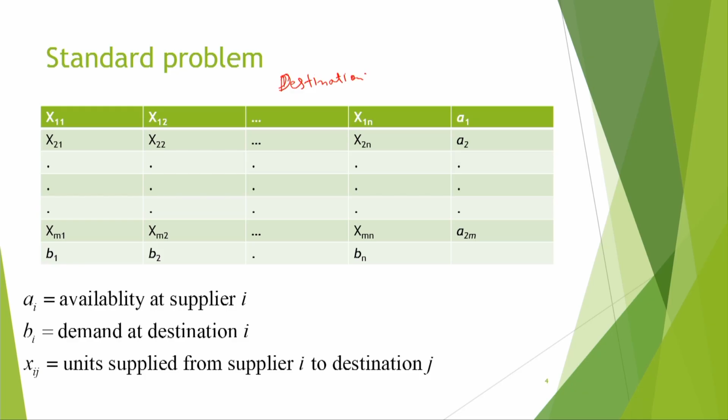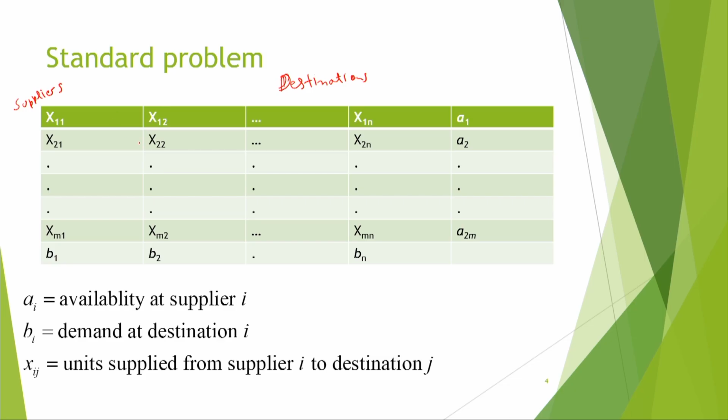So you may have n destinations and then suppliers. How many suppliers you may have? You may have m suppliers. So m suppliers and n destinations.